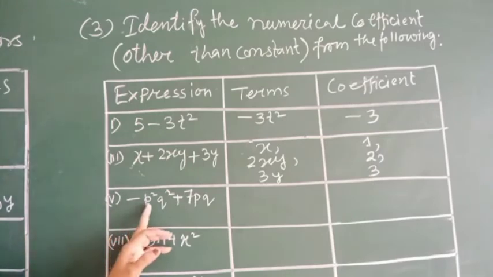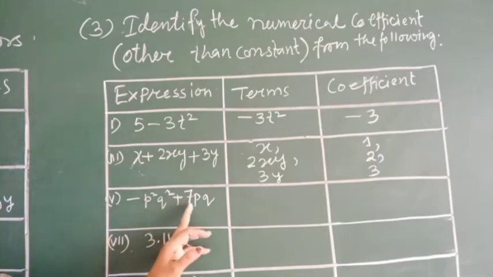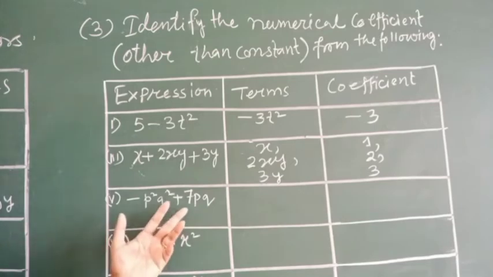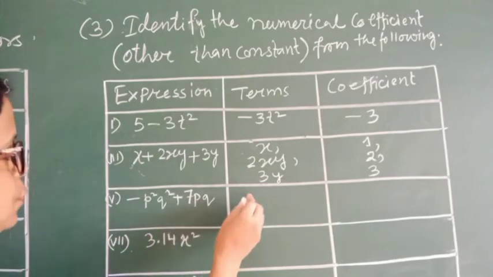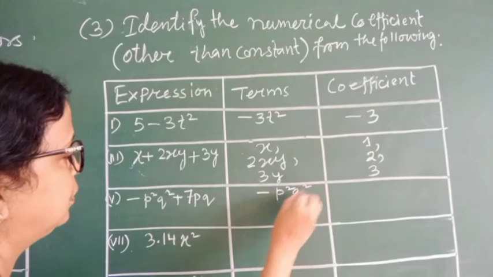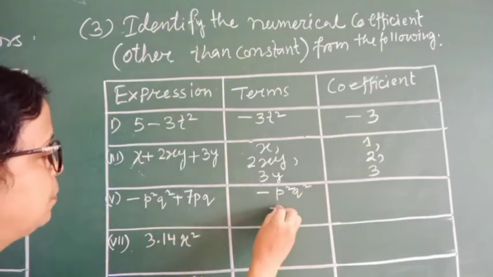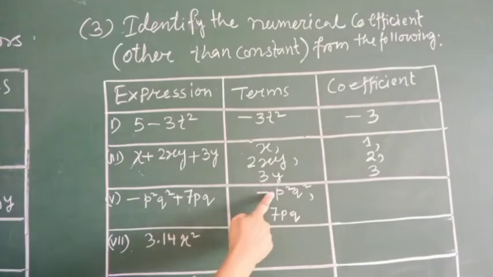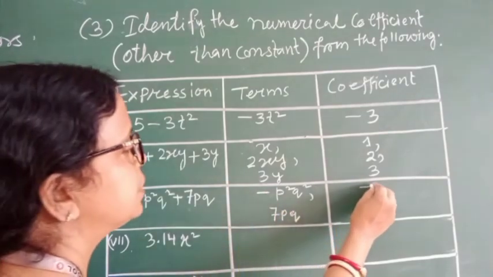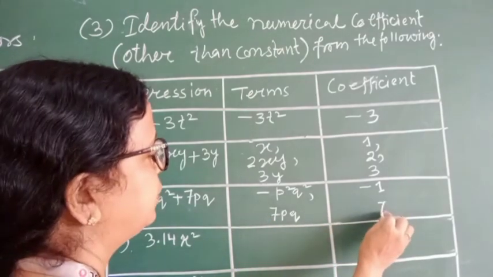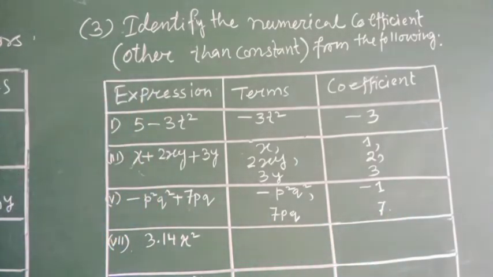Okay. Now minus p square q square plus 7p cube, both are terms where a constant term is not there. Both the terms are containing variables. So we have to write this p square q square, and then the second one is plus 7p cube. Here the numerical coefficient is minus 1, and here the numerical coefficient is 7. Okay.